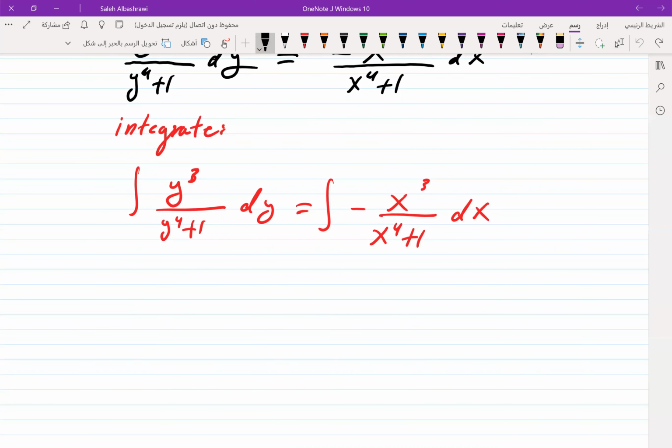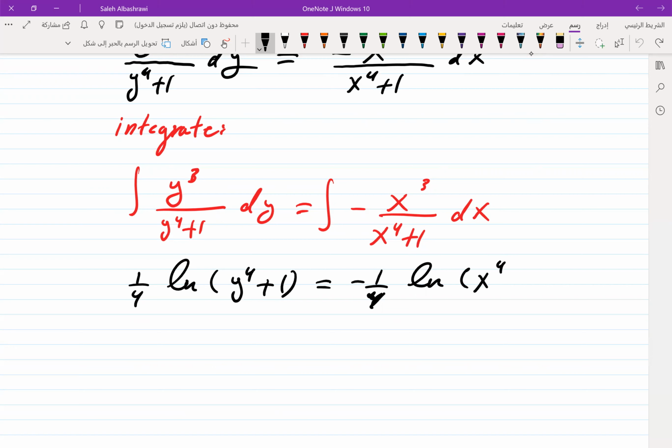This is integration by substitution. And I will have 1/4 ln of (y⁴ + 1) equal to minus 1/4 ln of (x⁴ + 1) plus the constant c.